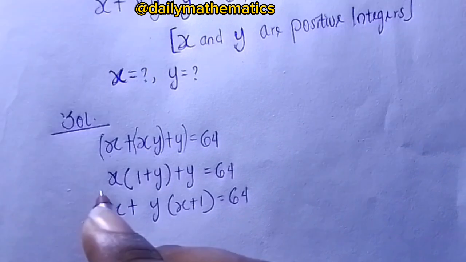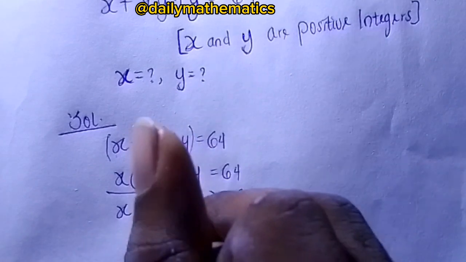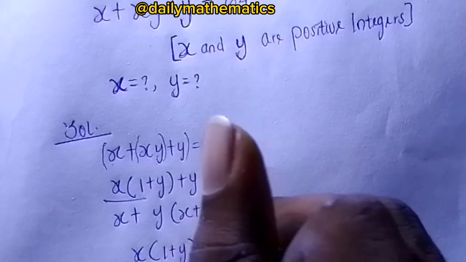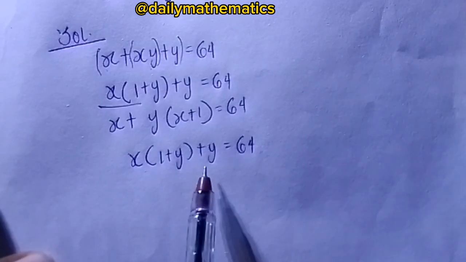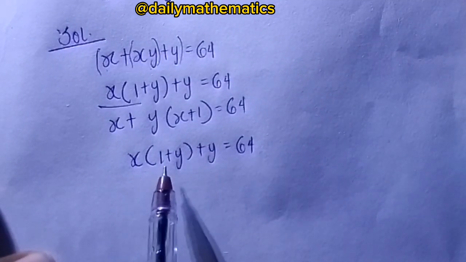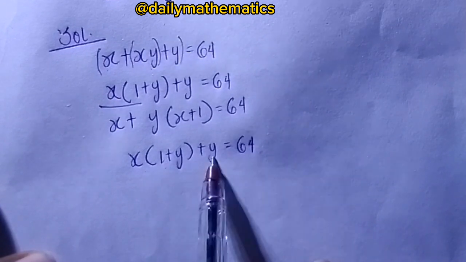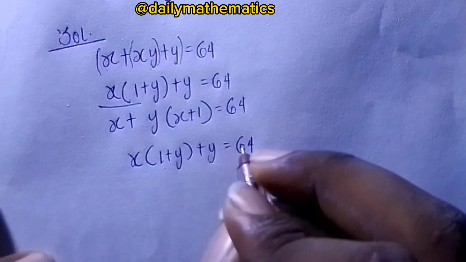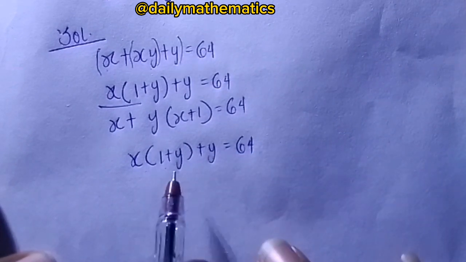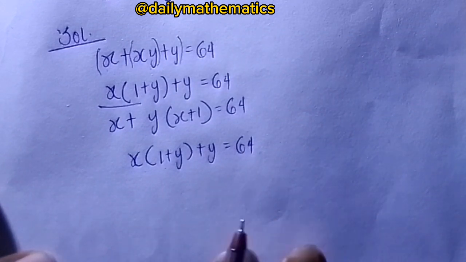I'll take the first instance. So I have x times 1 plus y equals 64. Now I want to add 1 to this side so that I can factorize 1 plus y out. But when I add 1 to this part of the equation, I can't leave the other side, so I have to add 1 to both sides of the equation.